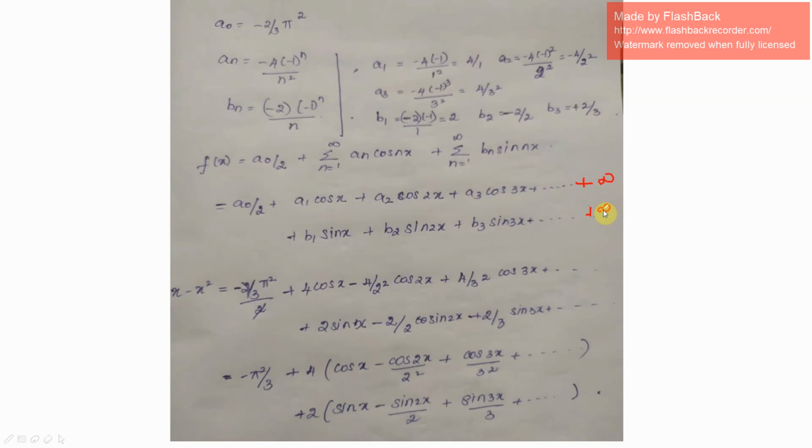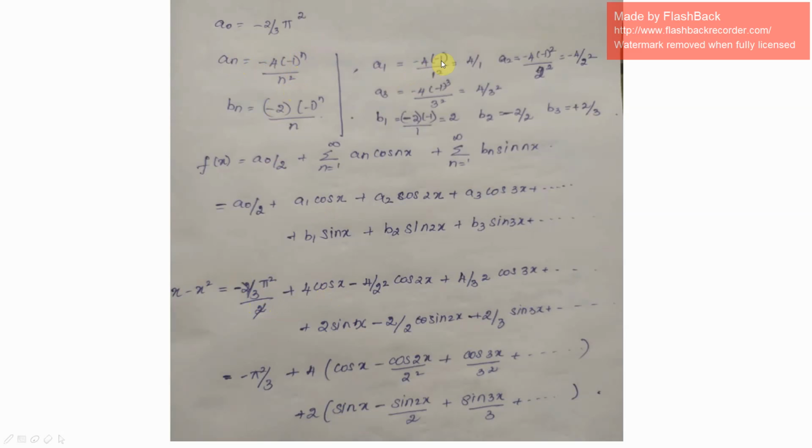Okay. So now I know the value of a. So it will be minus 2 by 3 pi squared by 2 plus 4 into cos x, that is a1 value. An is equal to minus 4 minus 1 by n whole power is there. So when I substitute a1, wherever I am having n, I will substitute 1.